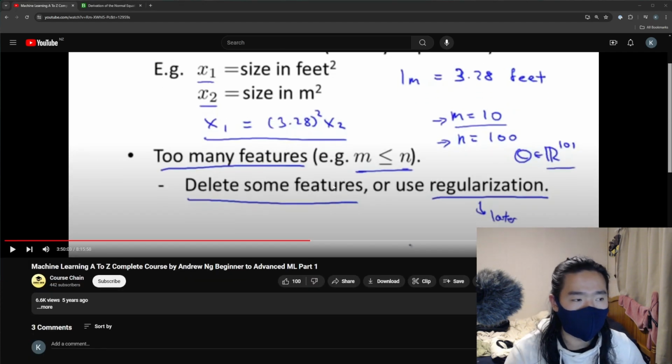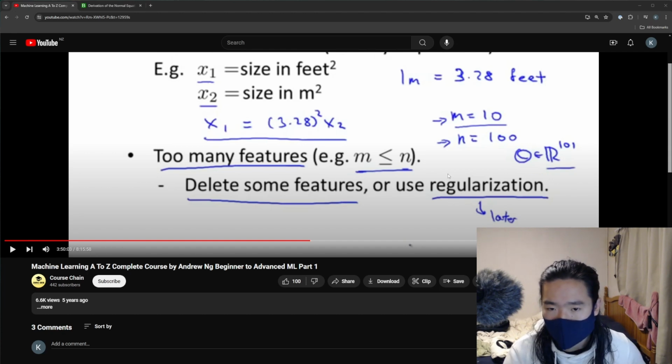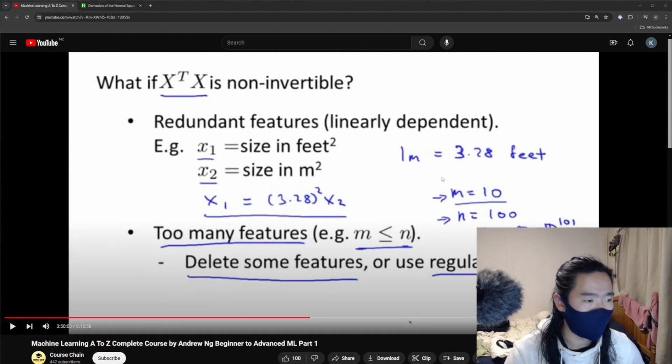And the other case is when you have too many features for the amount of data you have. So the example Andrew gives is when the number of your data points is equal to 10, but the number of features you have is equal to 100. The way you deal with this is you either delete some features, use regularization, or you do some sort of dimensionality reduction, which is pretty handy.